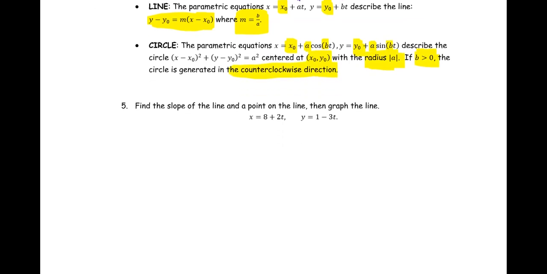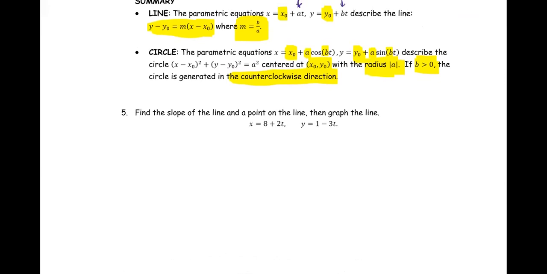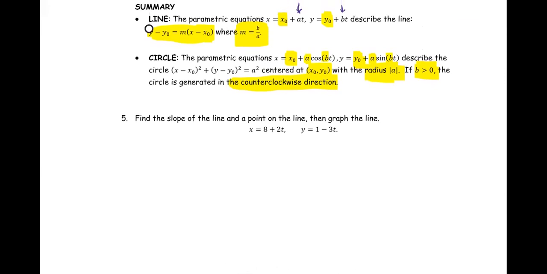Now we are going to find the slope of the line and a point on the line, then graph the line, from the parametric equations x equals 8 plus 2t and y equals 1 minus 3t. From the summary, x equals x0 plus at and y equals y0 plus bt.